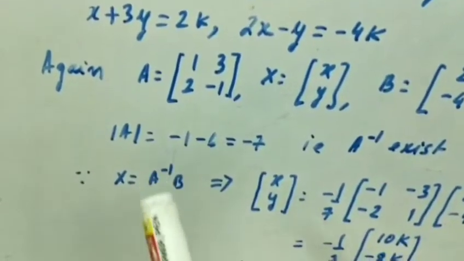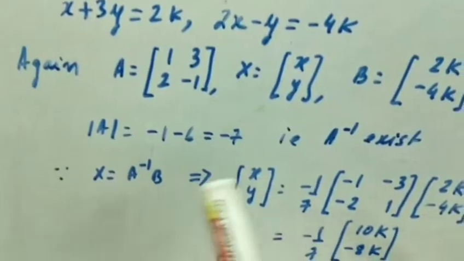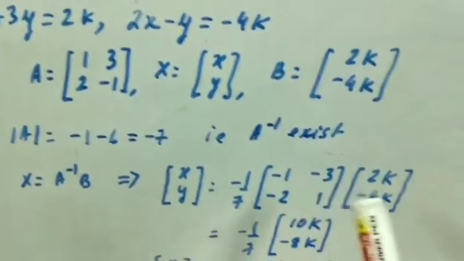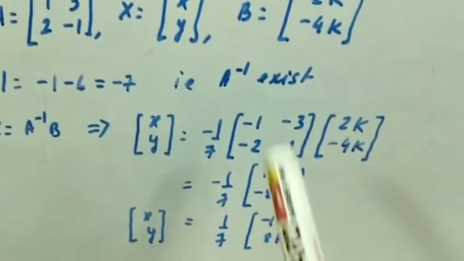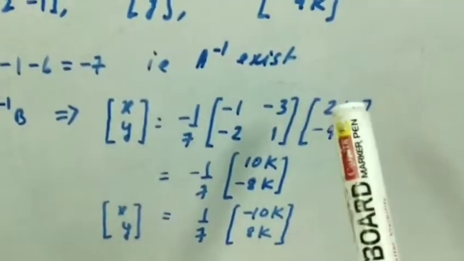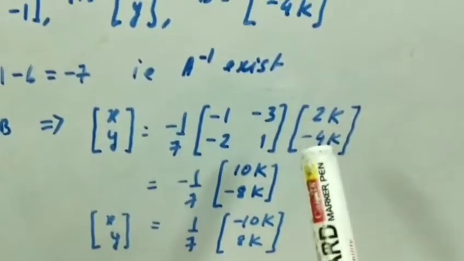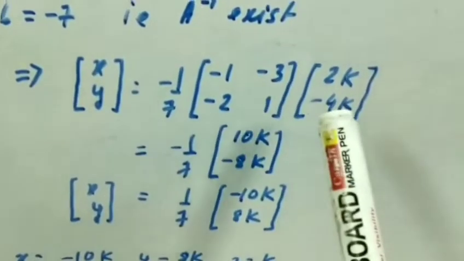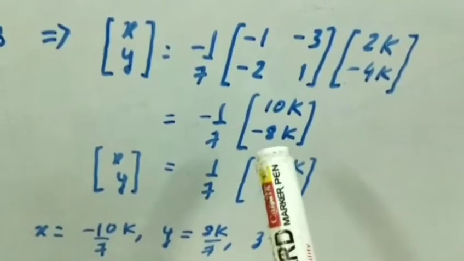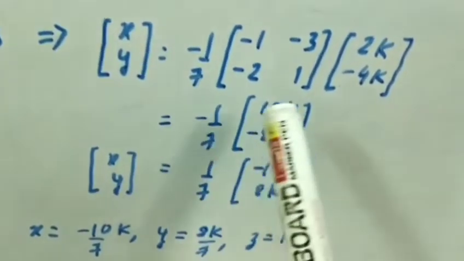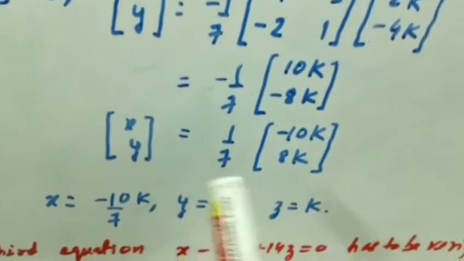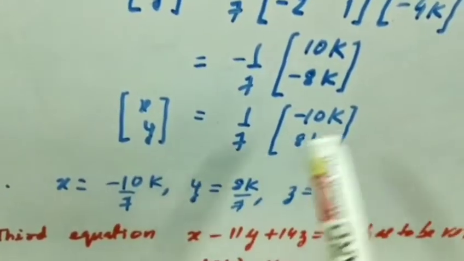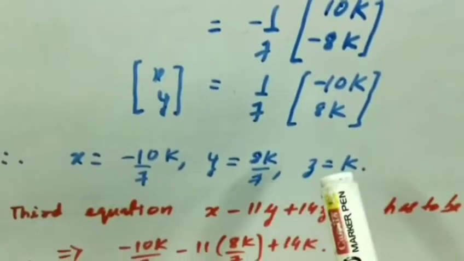X is equal to A inverse B. By multiplying we get minus 1 into 2k minus 2k plus 12k, which is 10k, and minus 4k minus 8k. By calculation, this is minus 10k and this becomes plus 8k. So x is equal to minus 10k by 7, y is equal to 8k by 7, and z is k.